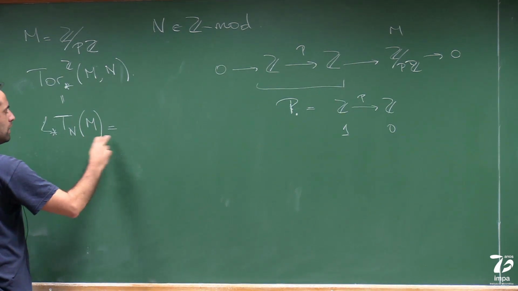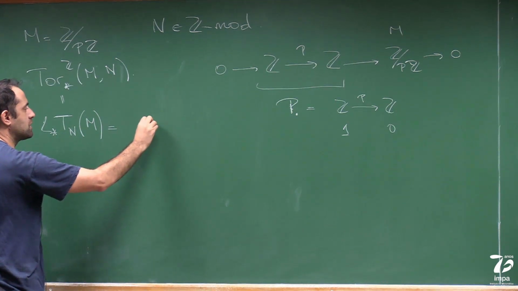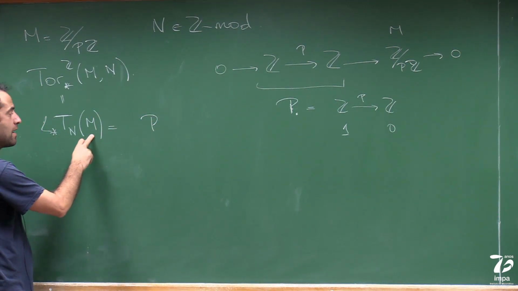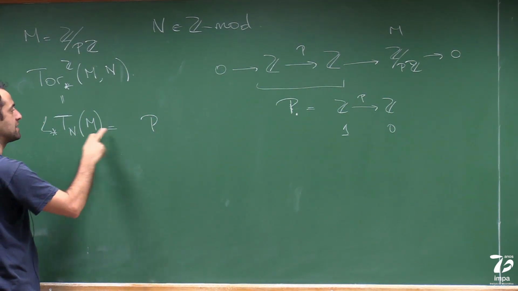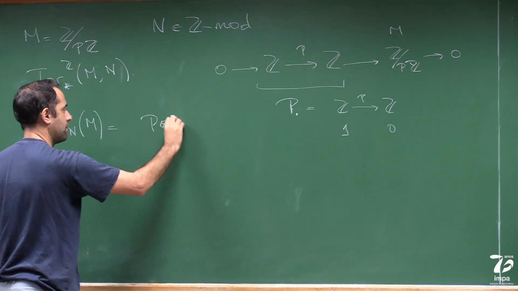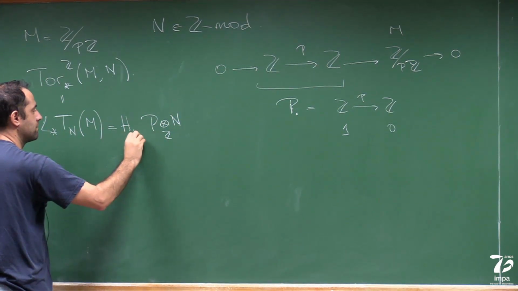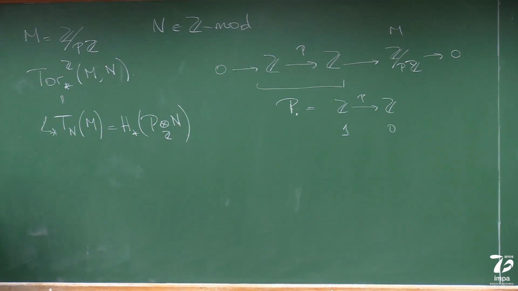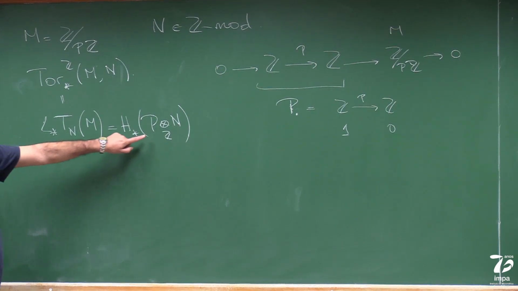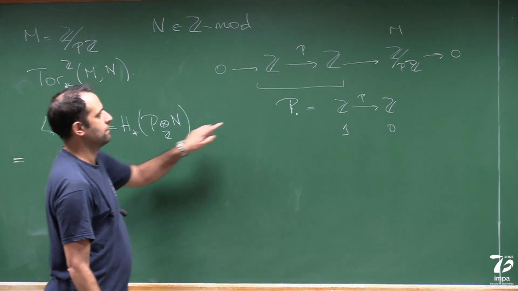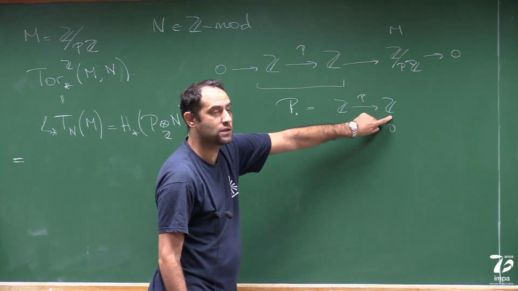And, well, what did we define? We defined as follows. Take a projective resolution of M, apply your functor, which is tensoring by N over the ring, and now take the homology of that. So that was the definition of the left-derived functor. Okay. So, well, this P, tensoring by each side doesn't do anything.